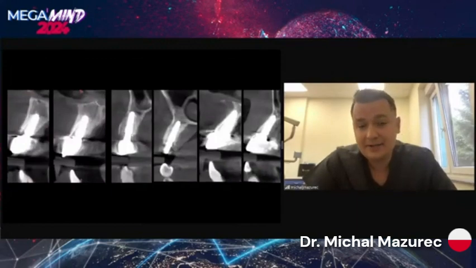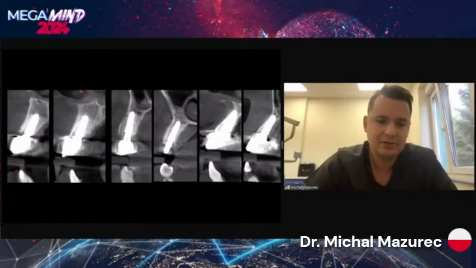I've done many cases. Unfortunately, in this case I cannot show you the finished crown because the patient is working abroad and he will be in Poland next week, when I will deliver the final crown. But there are many cases which I have done in the last years. I have done around 90-something cases of partial extraction therapy.